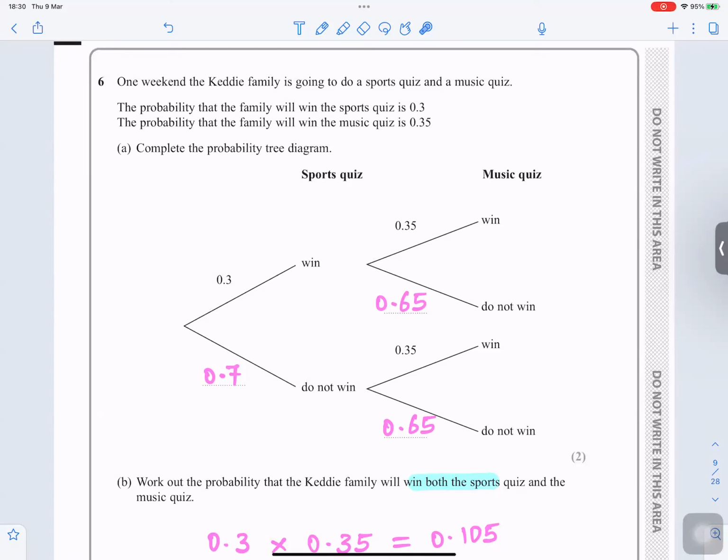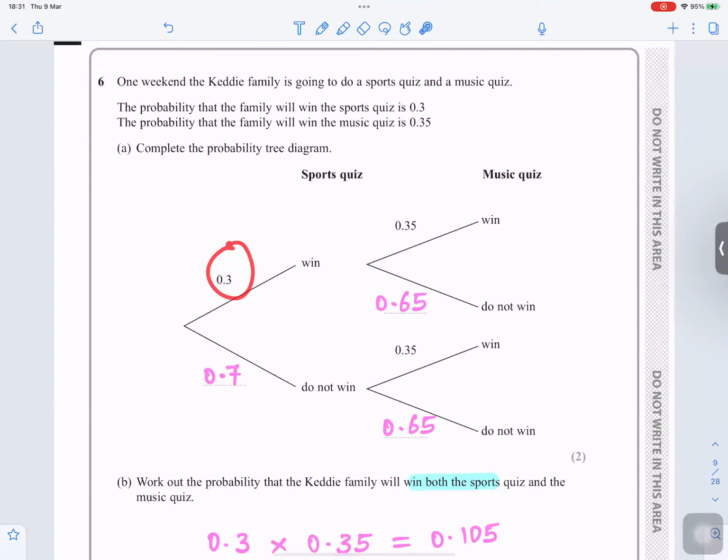Question number 6. One weekend, the Keddy family is going to do a sports quiz and a music quiz. The probability that the family will win the sports quiz is 0.3. The probability that the family will win the music quiz is 0.35. Complete the probability tree diagram. The probability tree diagram will add up to 1 when you add the branches.